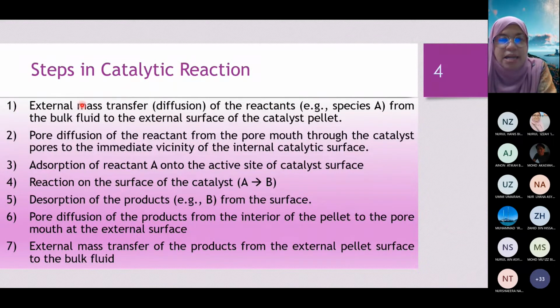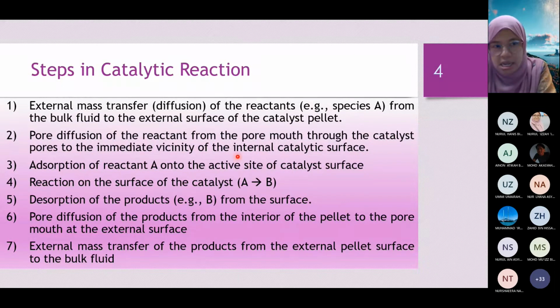Step 1, external mass transfer of the reactants. So kalau tak nak confuse, gunakan perkataan external mass transfer compared to diffusion lah. External mass transfer of the reactants from the bulk fluid to the external surface of the catalyst pellet. And then step 2, pore diffusion of the reactant from the pore mouth through the catalyst pores to the immediate vicinity of the internal catalytic surface.